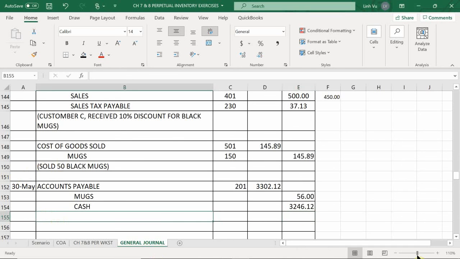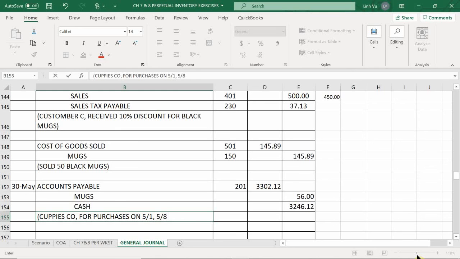So make sure you put your indication here that you wrote a check to Cuffy's Co for purchases on 5/18 and received 5% discount on purchase 520.